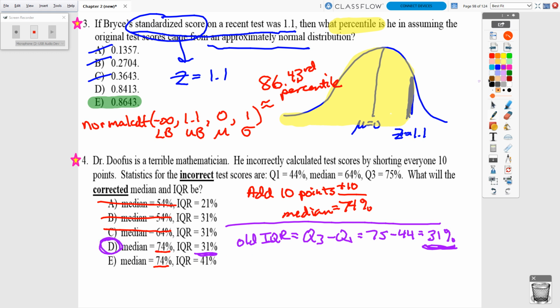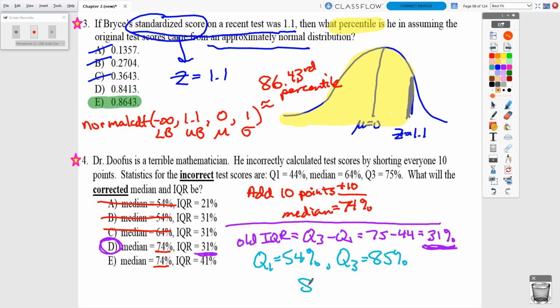Now, I mentioned I'm also going to show you a secondary way of doing this. Even though adding 10 points did not affect the measure of spread, the 10 points does affect other positional values, like Q1 and Q3. So the correct Q1 should be 54%, and the corrected Q3 should be 85%.